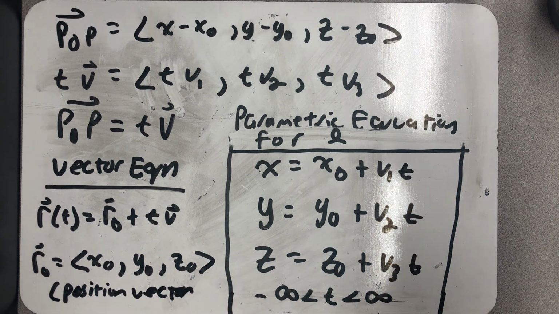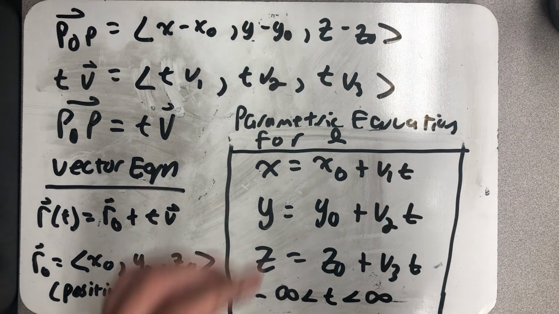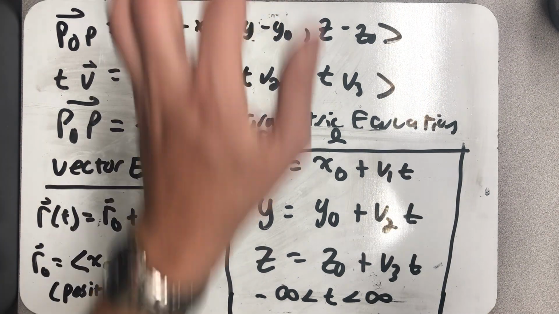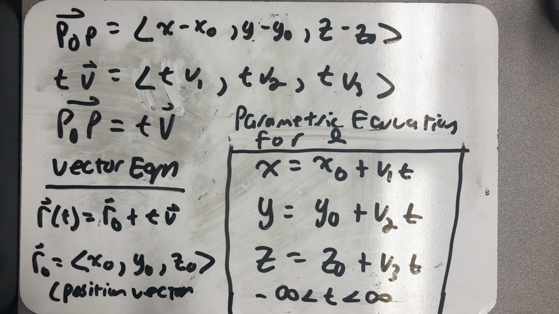All right, so let's do an example. I want to find a set of parametric equations and a vector equation of a line passing through 2 points in space.